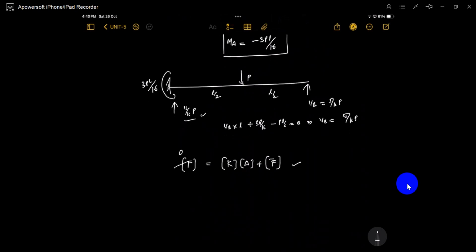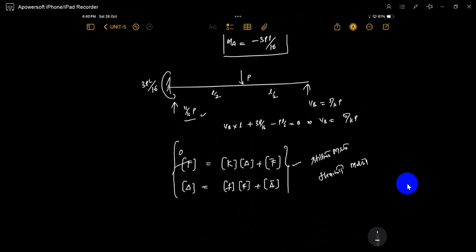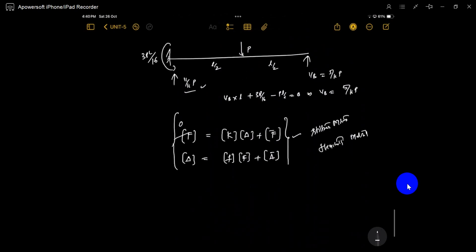Otherwise, if something is allowed, you will write those terms. For flexibility: final displacement equals the flexibility matrix multiplied with force plus free displacement. Now you got the point of the stiffness matrix and flexibility matrix methods. Understood?